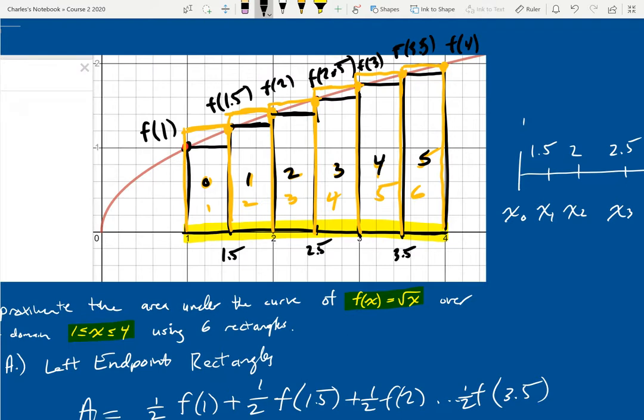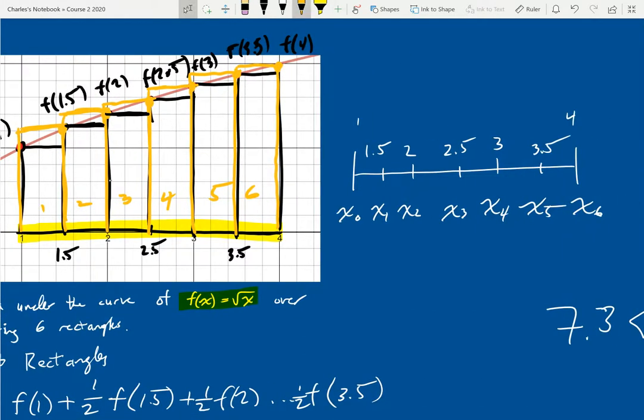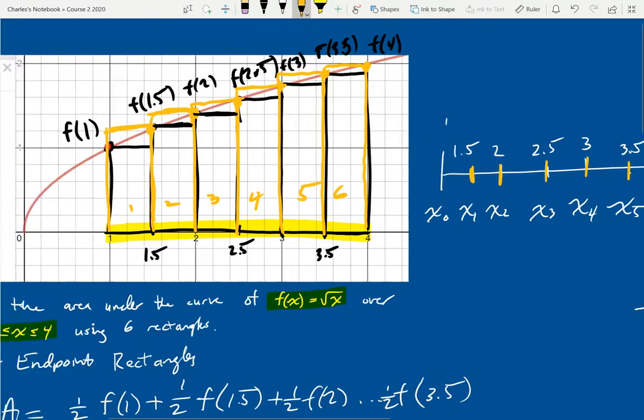What happened with the black was we had 0, but we didn't have a 6. And what happens with the orange, the new one that I'm doing, is we have a 6, but we don't have 0. And if you think of what that means on the scale that we developed before, I'm evaluating the function at x sub 1, x sub 2, up to x sub 6, but not at x sub 0.